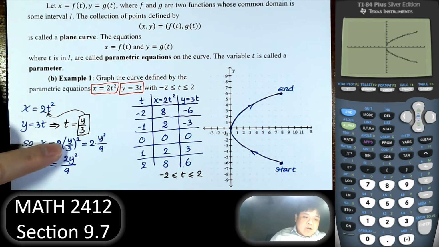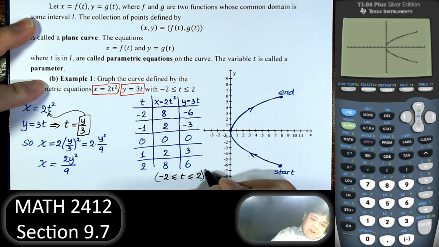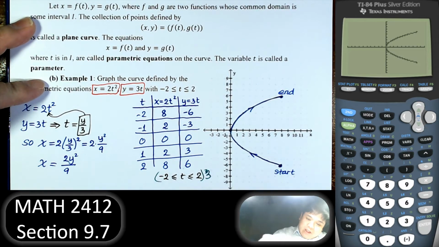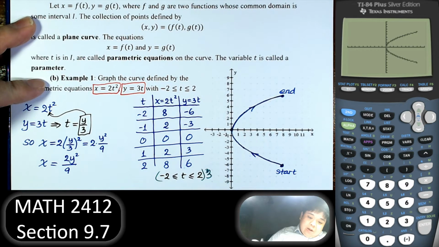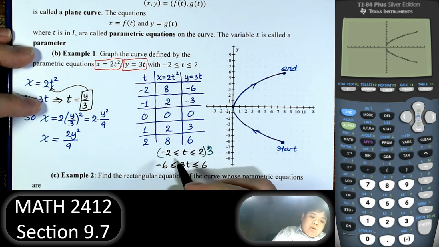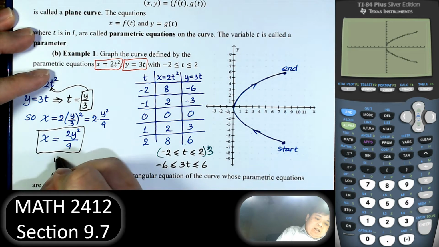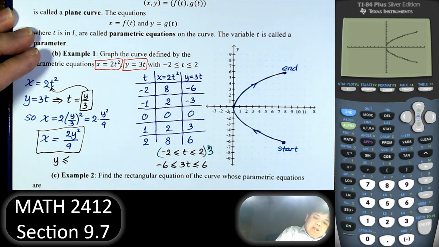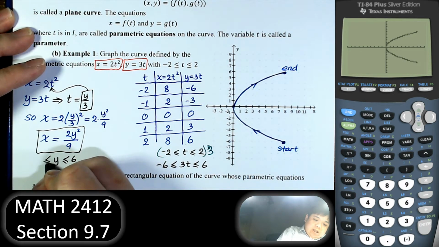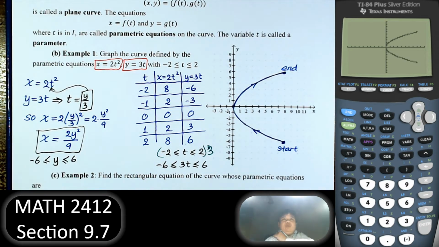Here we have 3t, so if we multiply everything by 3, we have -6 less than or equal to 3t less than or equal to 6, and 3t here is y. So when we write the equation, we also have to write that y is between -6 and 6.